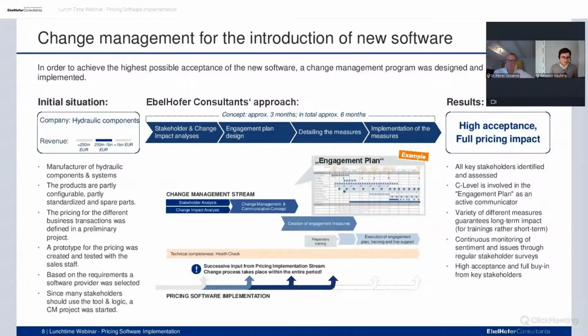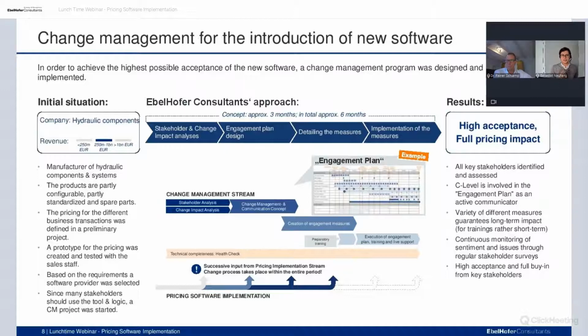So you sit down, you analyze who's going to be affected by the change. You really take the time, change the perspective, and try to look at the new software from their perspective and try to derive what is going to be changing when you implement. And based on this assessment and change impact analysis, you can then start to design an engagement plan with a few engagement measures to actually get those people on board.